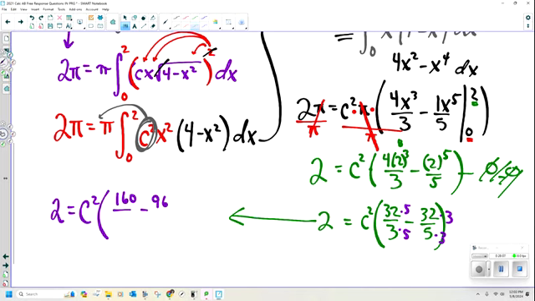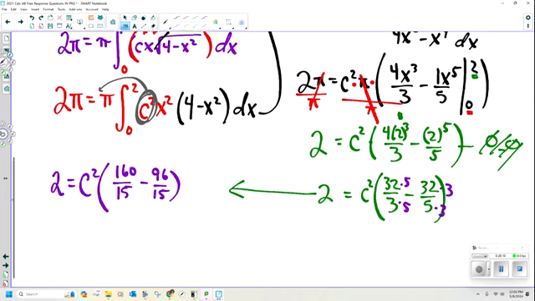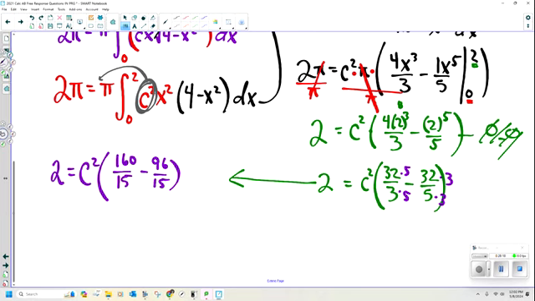Oh, over 15. Minus 96 over 15. All right, and now if I do my math right, keep in mind, we don't get a calculator. Try not to go fast and mess this up. All right, 160 minus 96 should give us, this is a lot of writing. The bottom will still be 15, okay? 64. Yeah, 64.